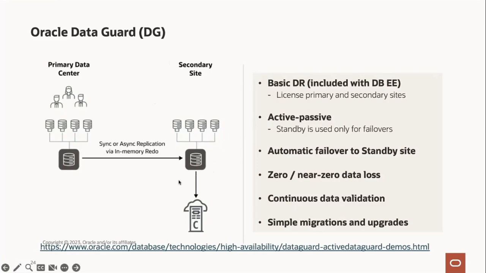Now, this does take a little bit longer on the failover. So you have to understand what your use case is, understand what you're hoping to gain with DataGuard, and you'll have to choose accordingly. You see here as the last bullet point that this can also be used for simple migrations and upgrades.